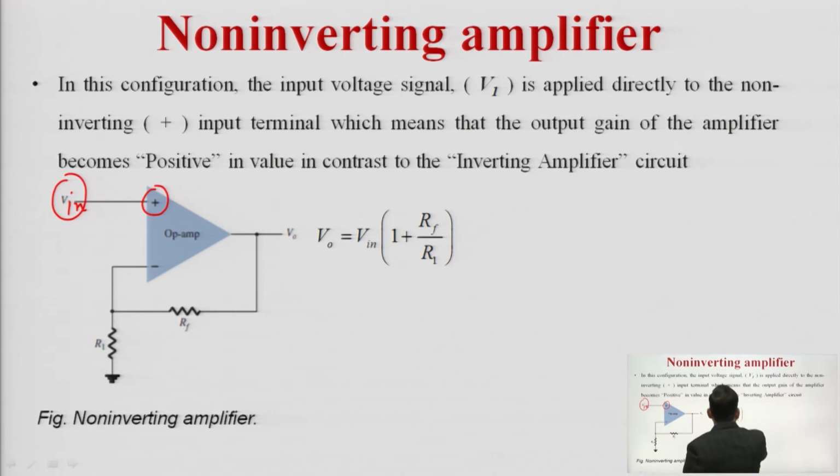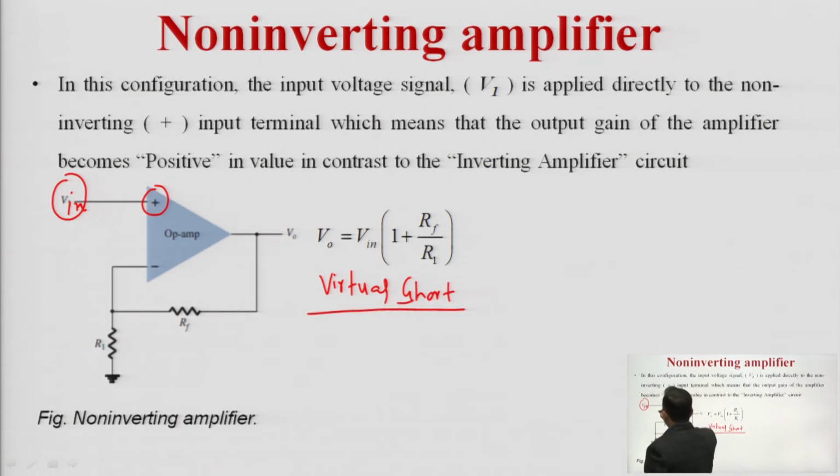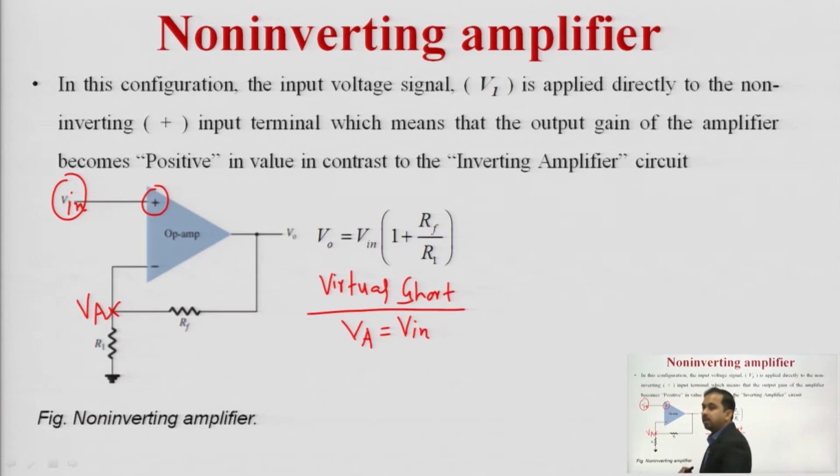Again, if we utilize the concept of virtual short or virtual ground, the voltage is Vin, so naturally if this is VA, then VA equals Vin, as we have seen, because no current is entering into the input terminal of the op-amp.